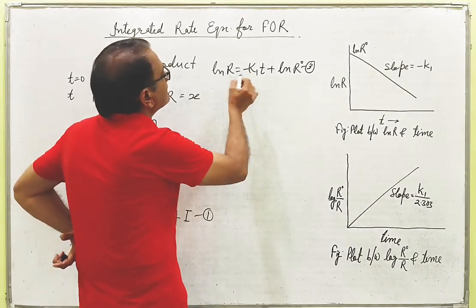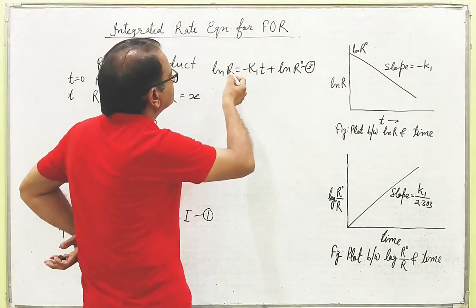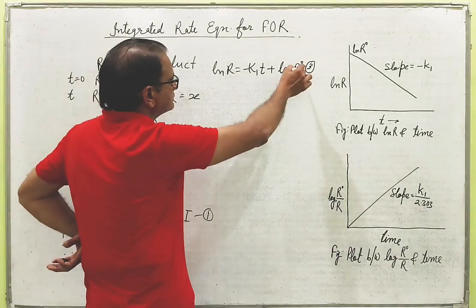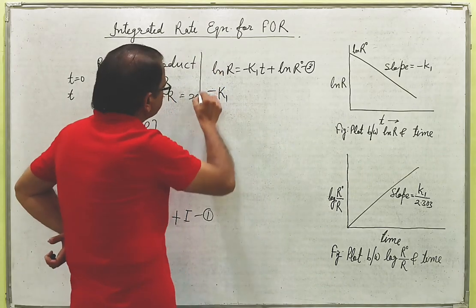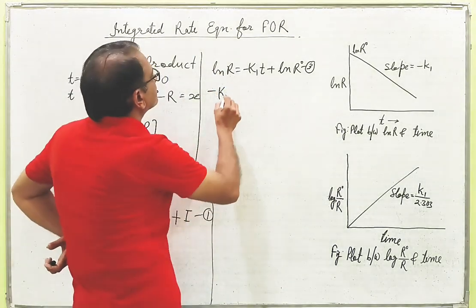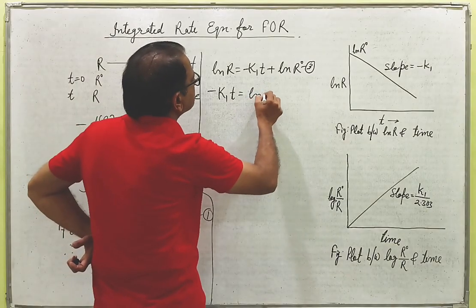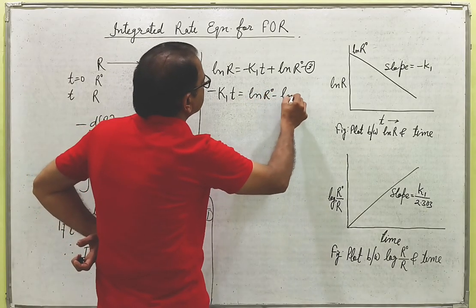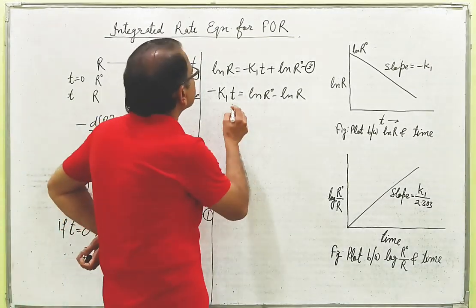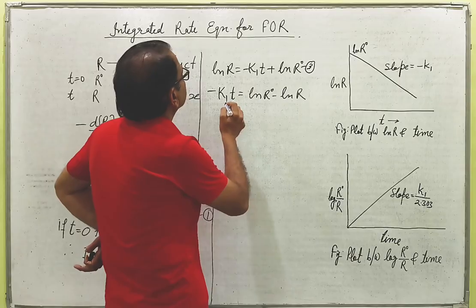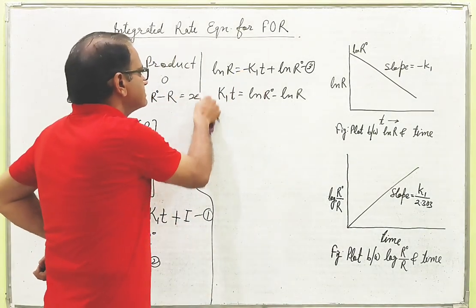Now we can rearrange this: if we take this ln R to this side and this k1 t, then k1 t is equal to ln R naught minus ln R. The minus will become plus, of course.